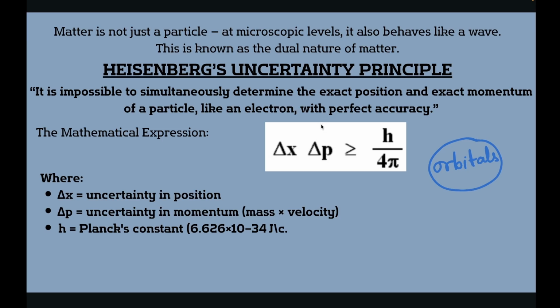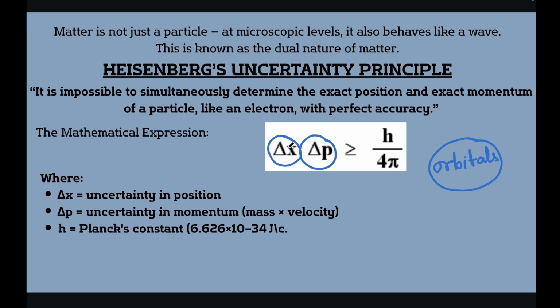So what is the mathematical expression for the Heisenberg uncertainty principle? This is delta x times delta p is greater than or equal to h upon 4 pi, where h is the Planck constant, delta p is the uncertainty in momentum, and delta x is the uncertainty in position.